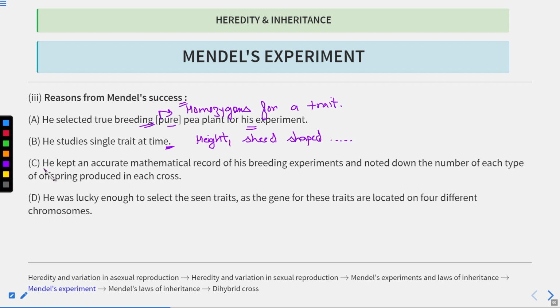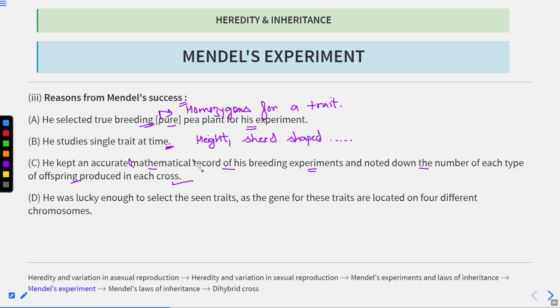Clear? Next, he kept an accurate mathematical record of his breeding experiments and noted down the number of each type of offspring produced in each cross. This was a very tedious job, but he did everything.